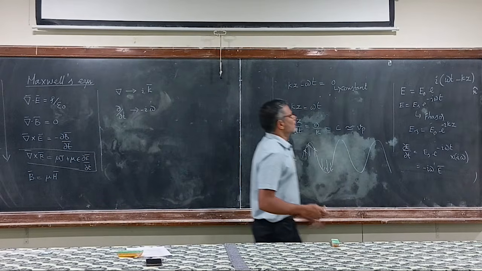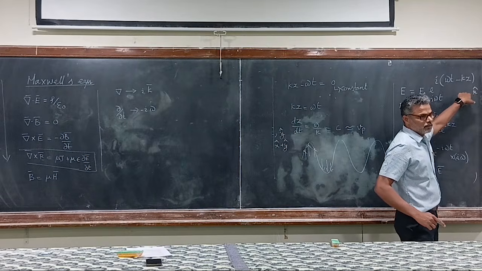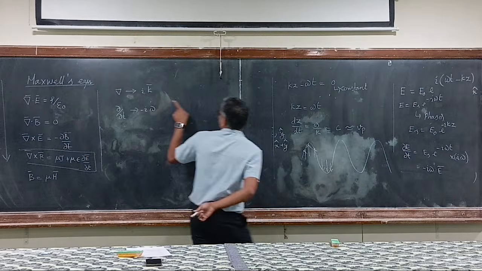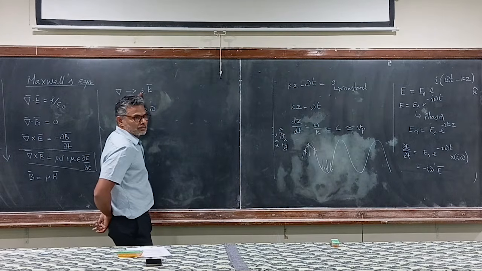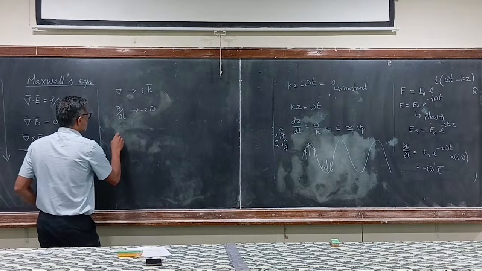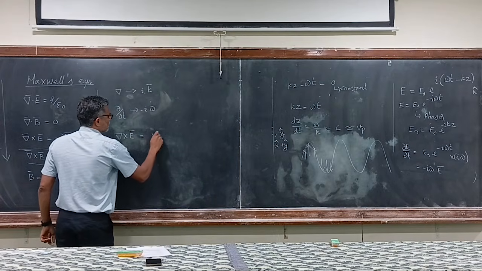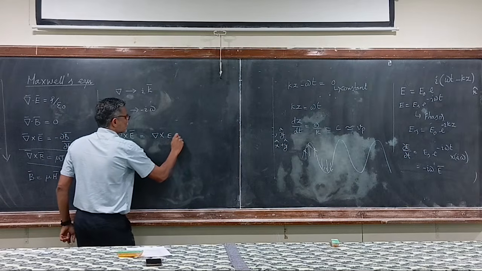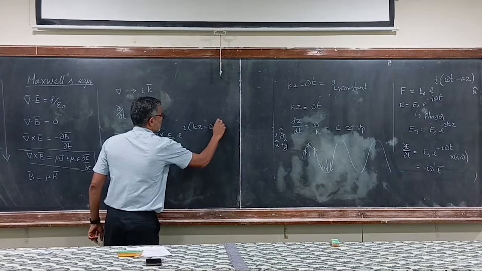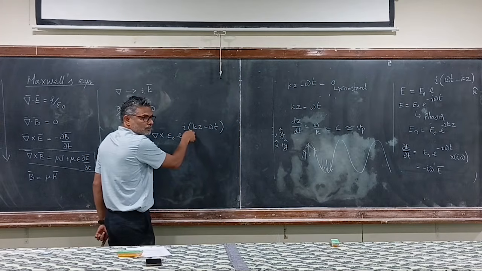Now you can ask the question, if I interchange this to kz minus omega t, that time it should be plus I omega. But the corresponding del operator will become minus omega. So, if you want to know how this del operator is coming, take del cross E. In the same fashion, you have E0 e to the power of I kz minus omega t.